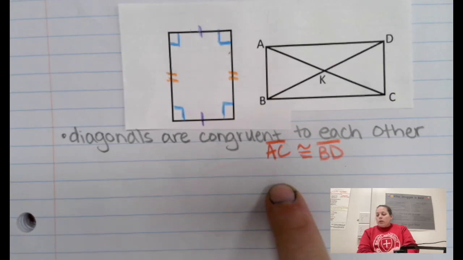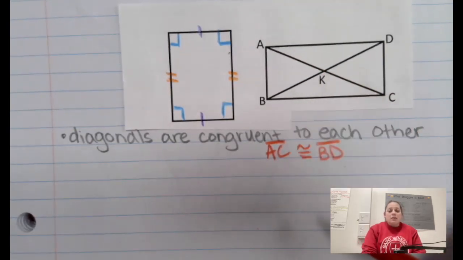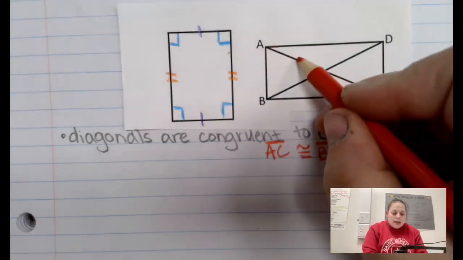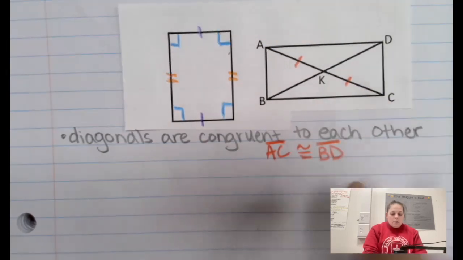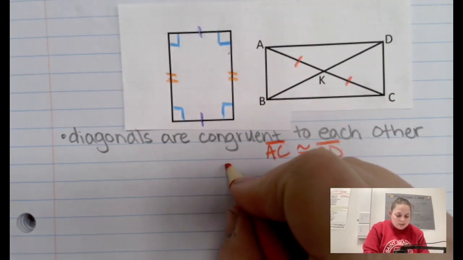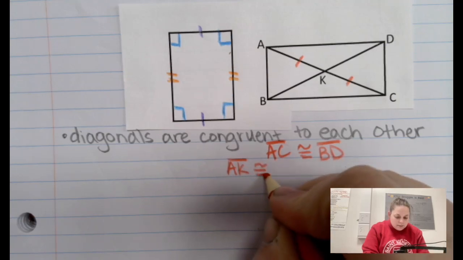And what else I know then is that, remember, in a parallelogram, the diagonals also bisect each other. So AK is the same as KC, and that's really AC.